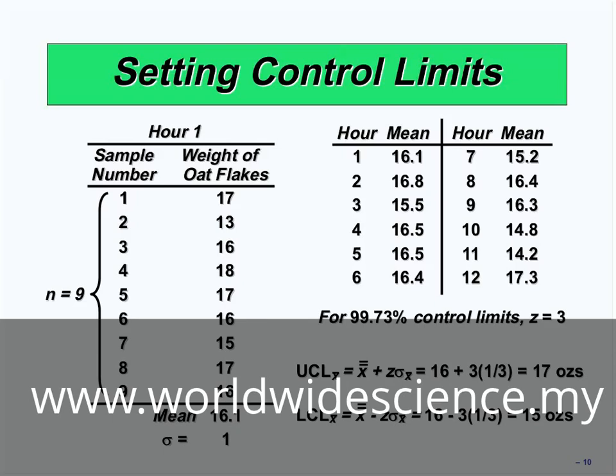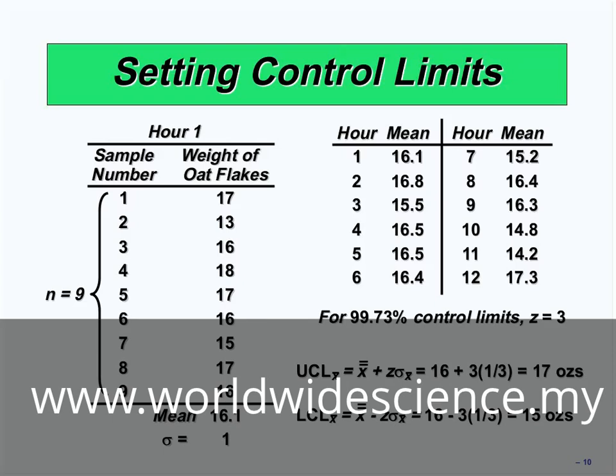Cup number 2 had a weight of 13. What is the difference between 18 and 13? The maximum number minus the minimum number. Very good, 5. This is range. This is R1, the range for hour 1.